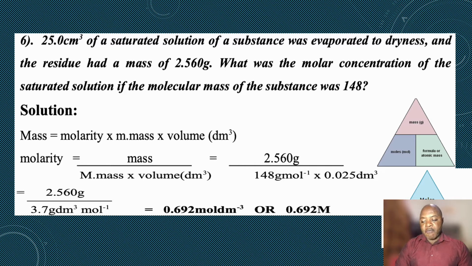Let's look for the number of moles of this saturated solution. We have been given the mass there. So the number of moles will be the mass divided by the molecular mass, which is 148, and the mass is 2.560.